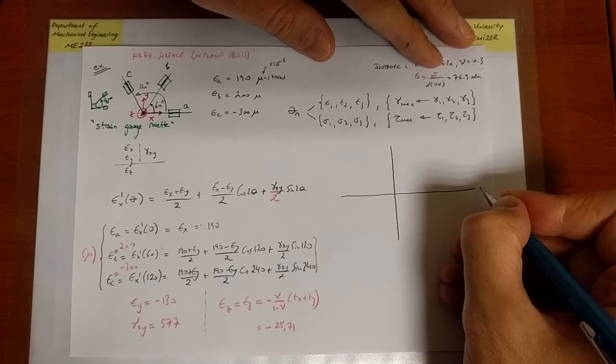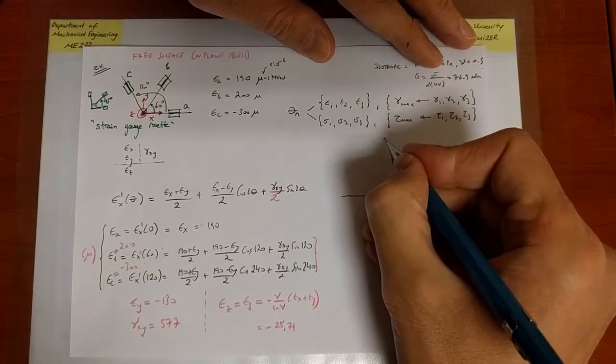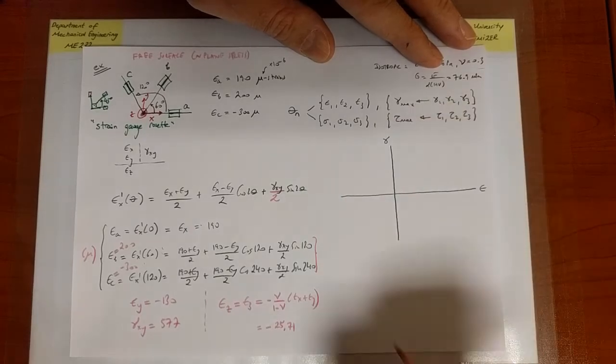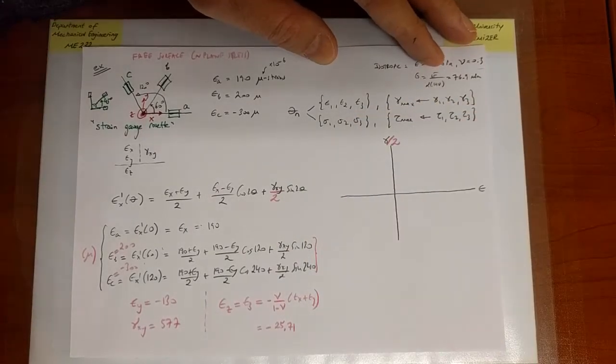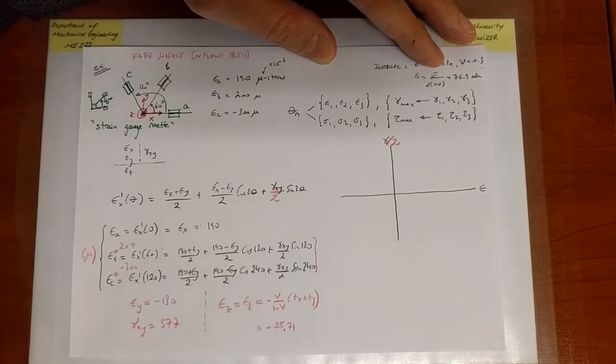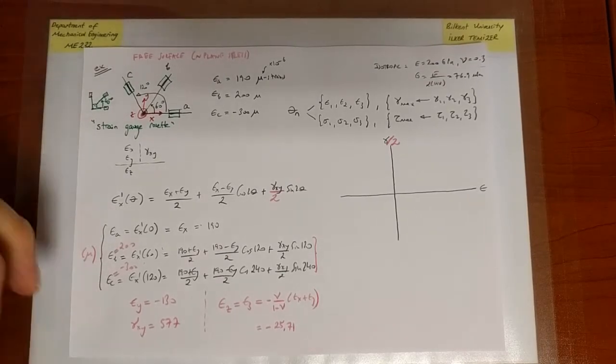So the horizontal axis is going to be the normal strain. This one is going to be the shear strain, remember, divided by 2, because that's the correct interpretation of the shear strain. So that factor of 2 is there as well.